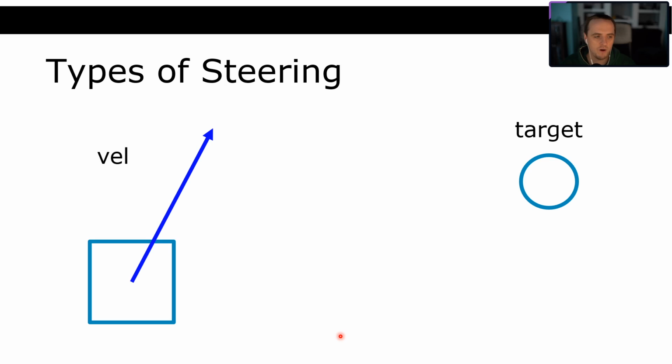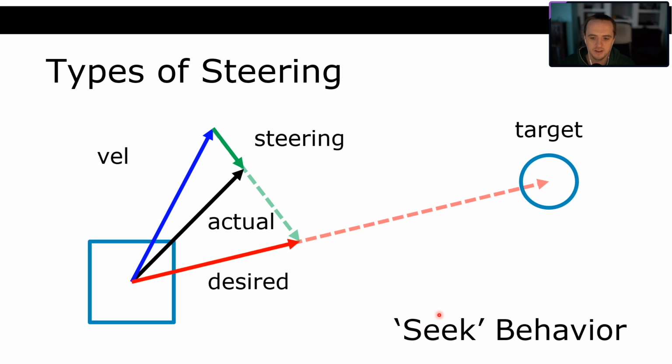So there are multiple types of steering. The one that we just covered is called seek. Seeking sets our desired velocity to point directly at the target. So this is important. Seeking behavior is I want to move directly at the position of the target where it is right now. Now, if the target is moving, maybe that's not the best possible thing we could do to get to the target.